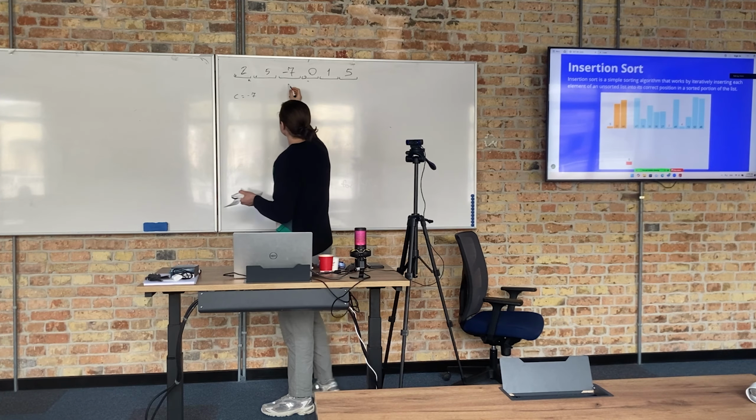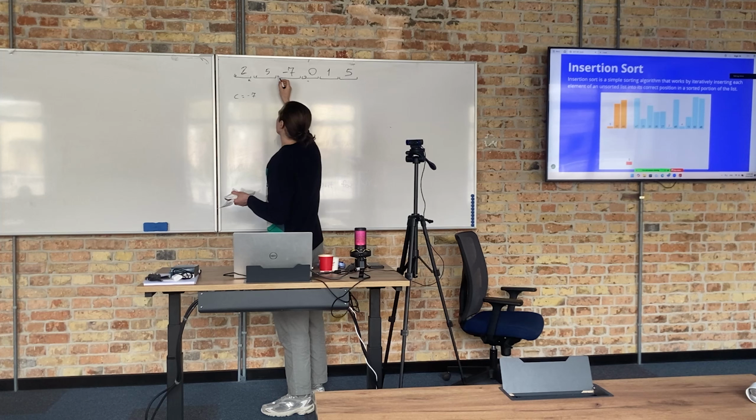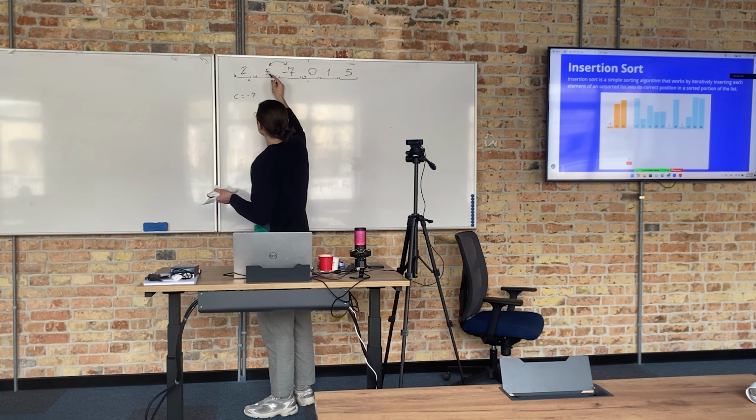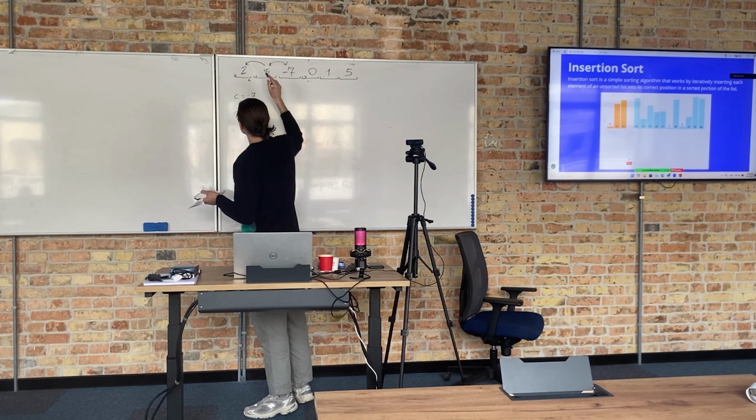And here we check if -7 is less than the previous element. So we swap them, and now our current element is with index 1 and it's -7. So we swap once more.